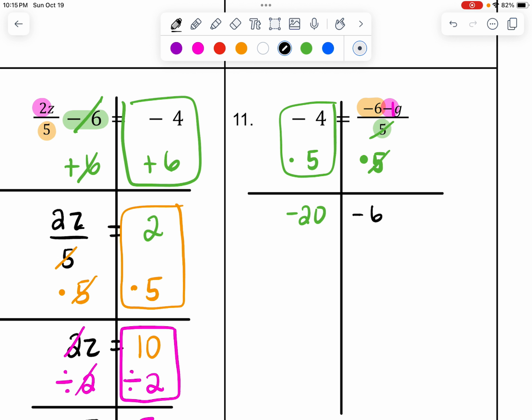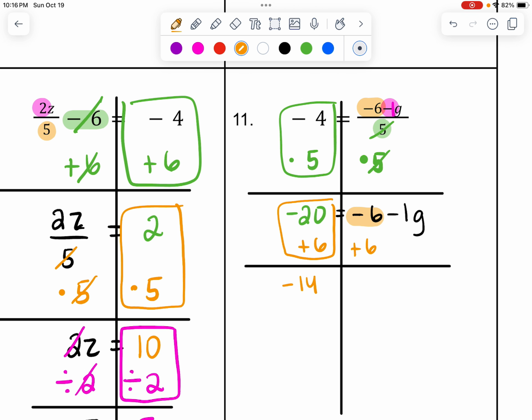Then I'm just going to bring down the -6 minus 1g. Now, of those two numbers, the one that's farthest away right now is the -6. So I'm going to undo the -6 by adding 6 on both sides. Again, you can use your calculator to help with all of this. So if you're having any trouble with your positives and negatives, just trust your calculator. -20 plus 6 is -14.